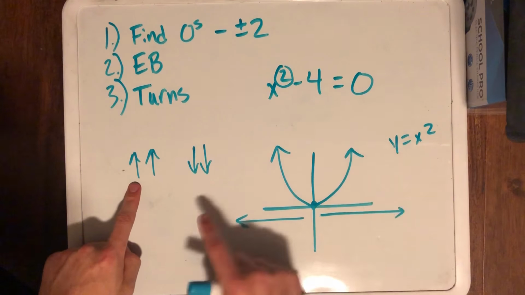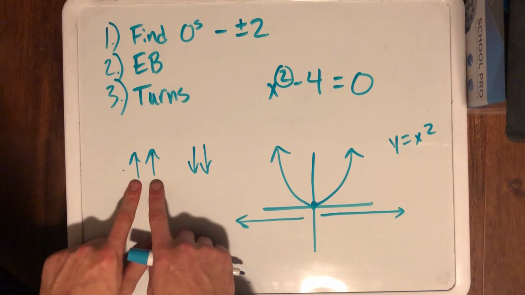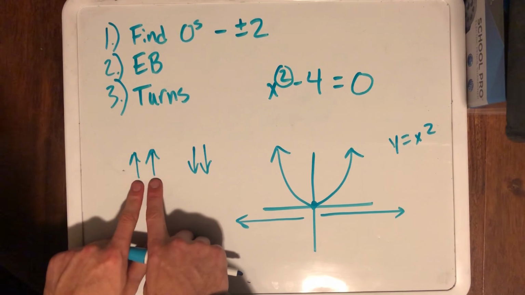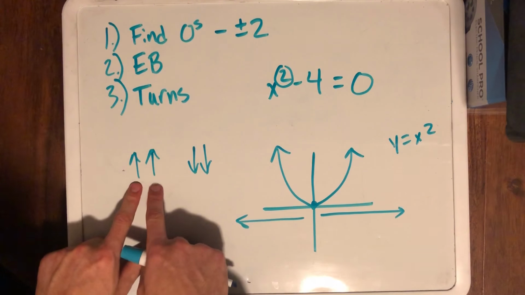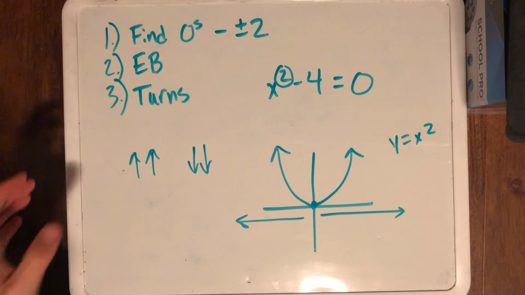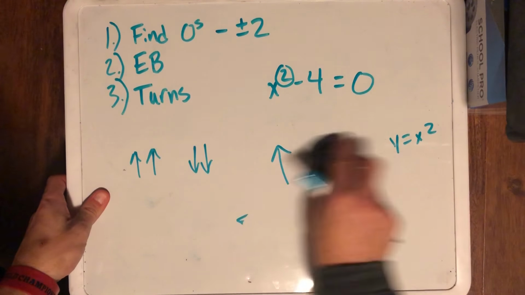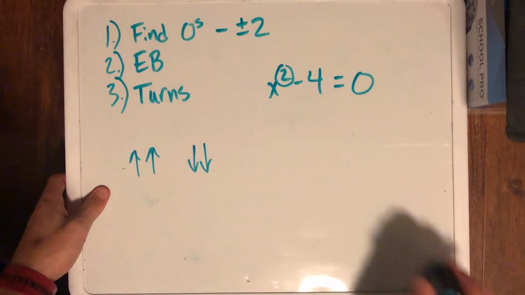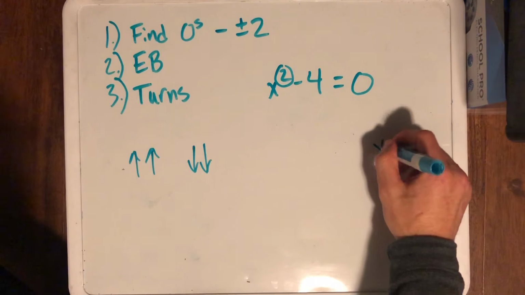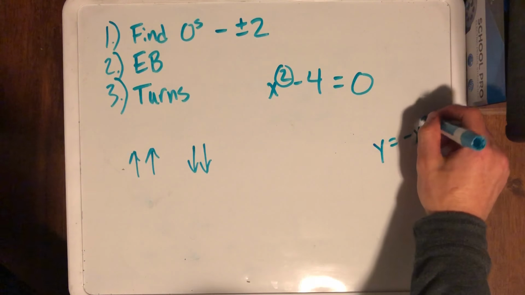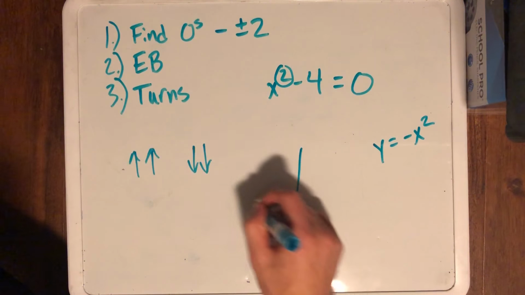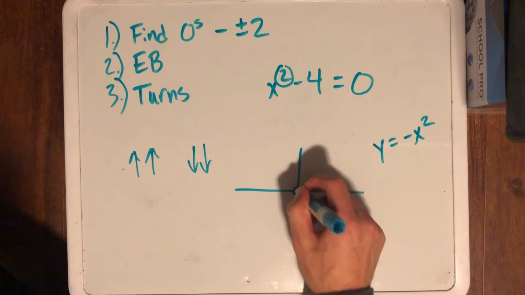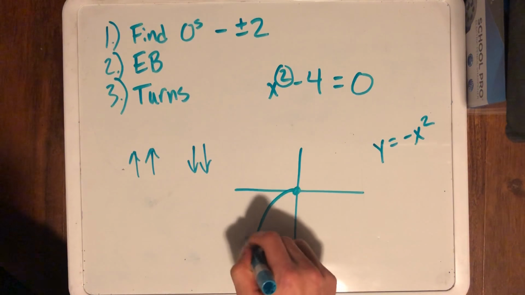Every even-powered polynomial is going to be the same in that they are both going up or both going down. This is an example where they're both going up. An example where they would both be going down would be y equals negative x squared, because we know from working with parabolas earlier this year that when we put a negative in front, it just flips our parabola over.